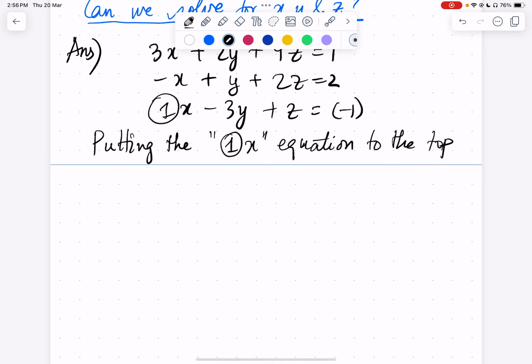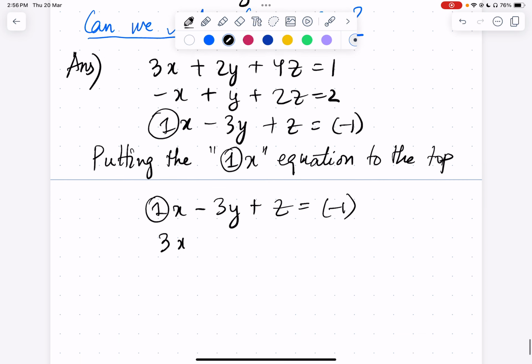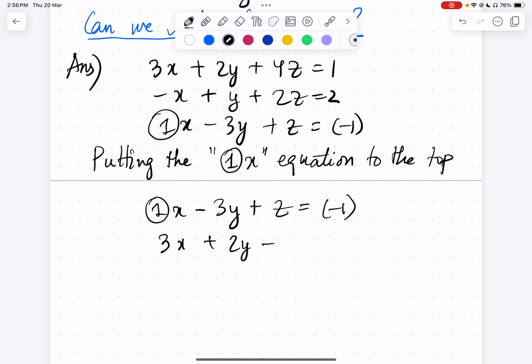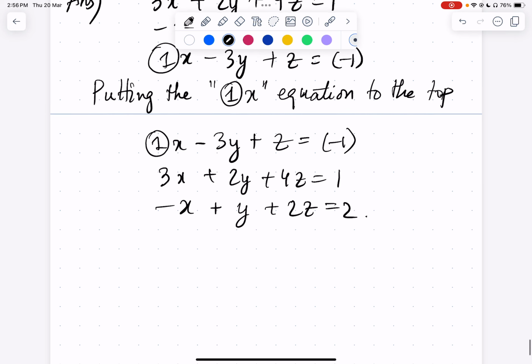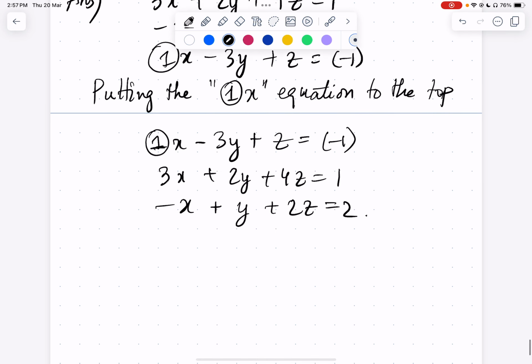So we get 1x minus 3y plus z equals minus 1, and 3x plus 2y plus 4z equals 1, and minus x plus y plus 2z equals 2. Now we can use this coefficient 1 to eliminate the x variables in the other two equations.